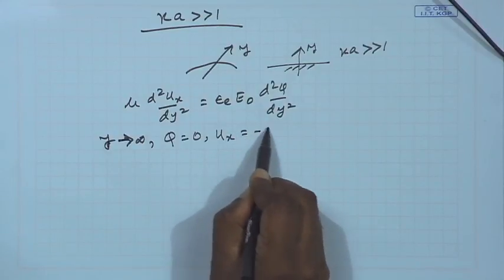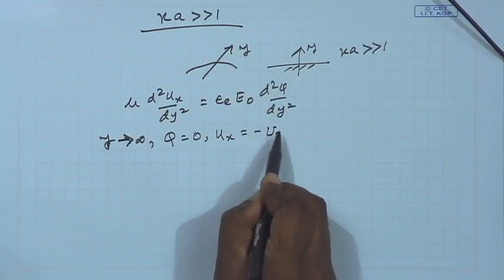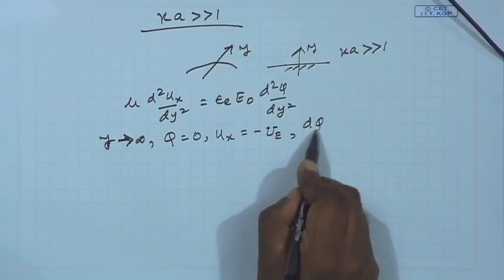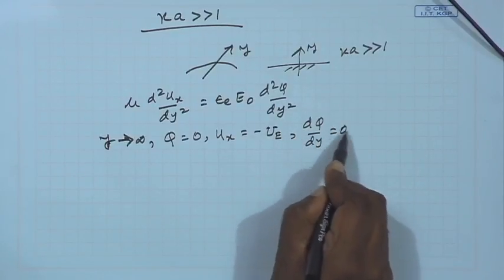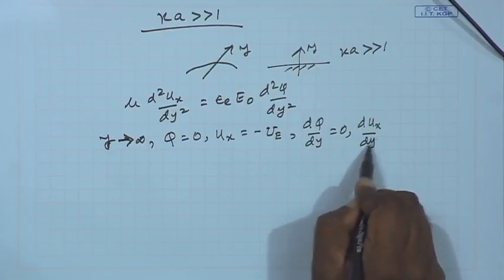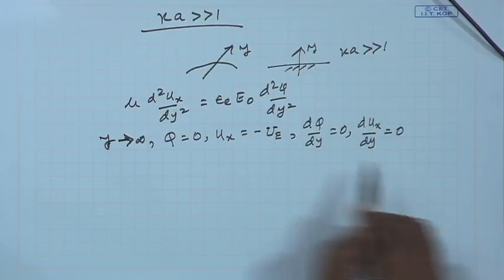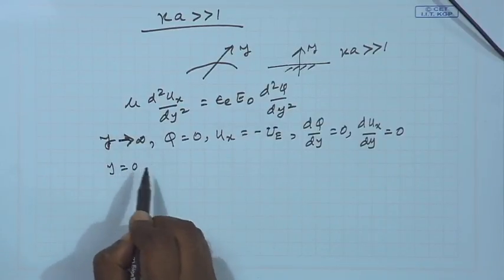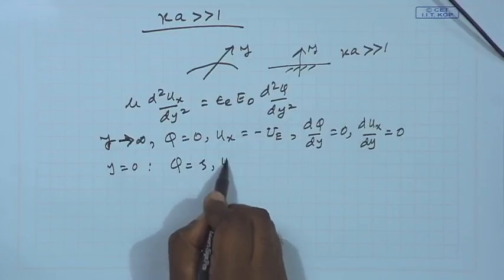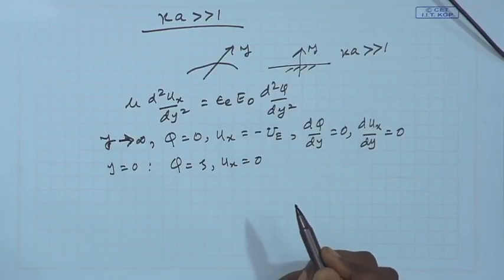Ux is coming to be minus ue, because this is the opposite direction fluid velocity we have taken. No gradient for phi, no gradient for u, and on the surface of the particle we should have phi equal to zeta and ux equal to 0.